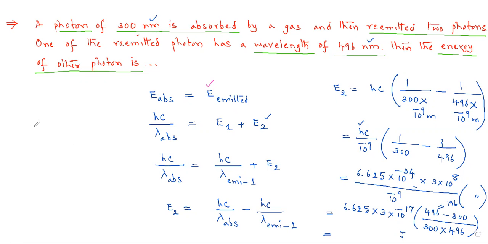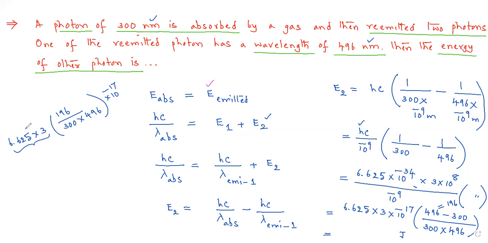If you want, I'll solve that here. 6.625 into 3, of course, this can be written as 20, sorry, into, of course, there is 10 power minus 17, but let me take it as 196 by 300 into 496 into 10 power minus 17.